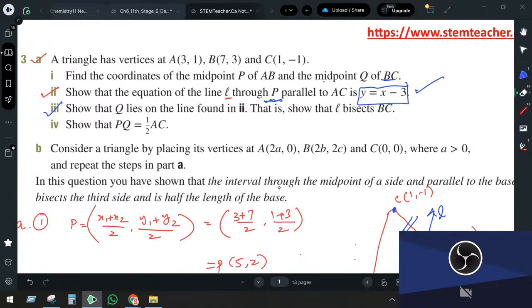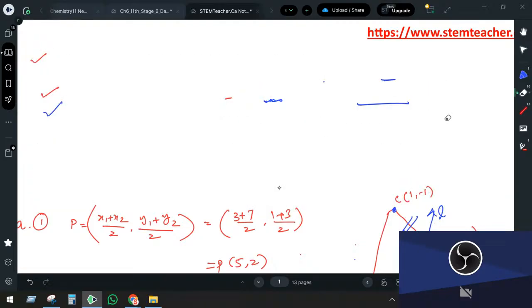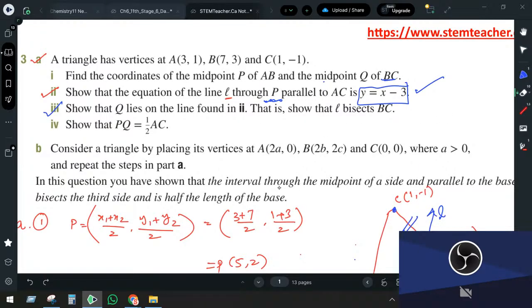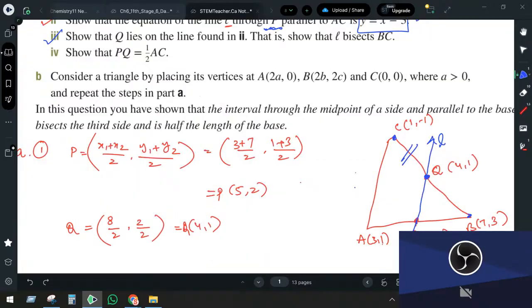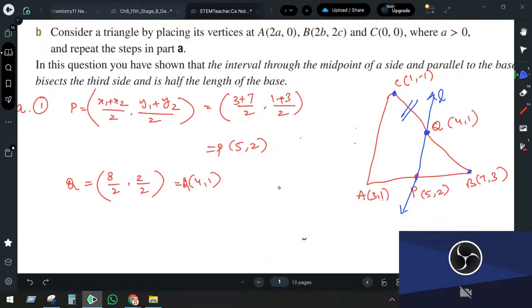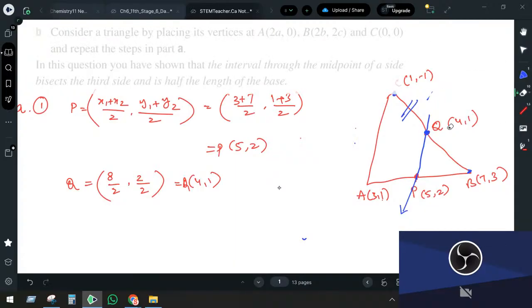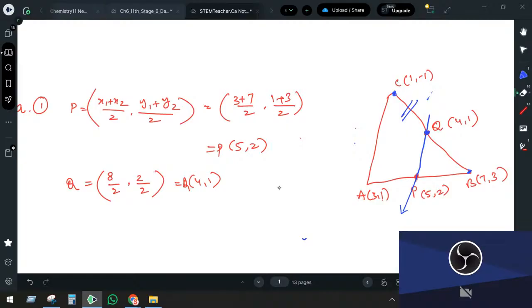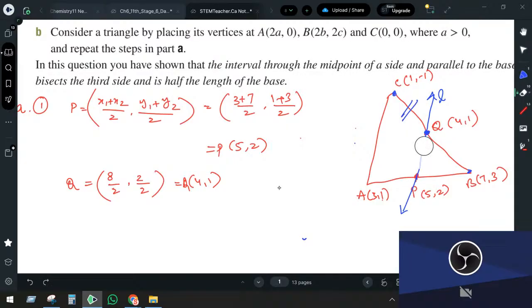Show that the equation of the line L through P parallel to AC is y = x - 3. Wait a second. Show that the line L passes through P and is parallel to AC.